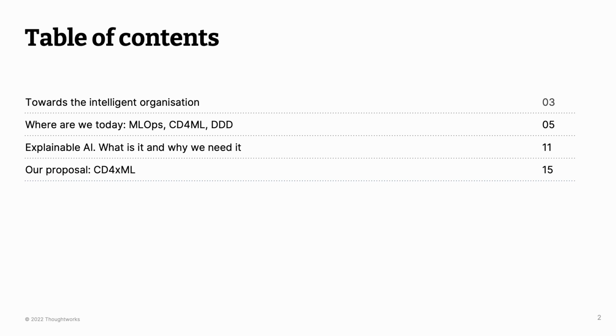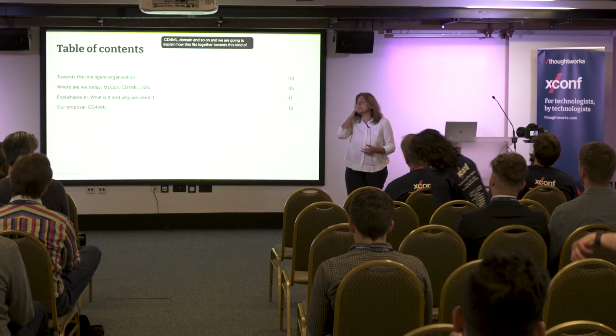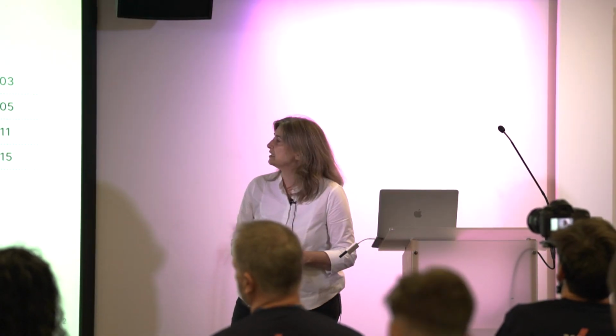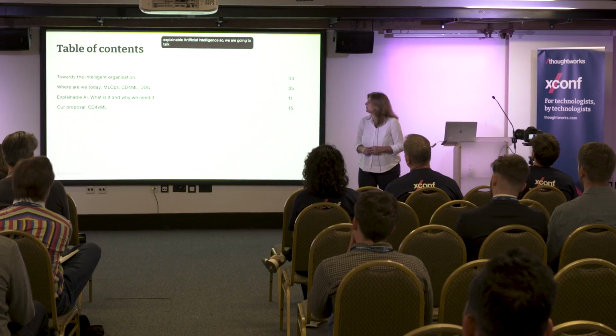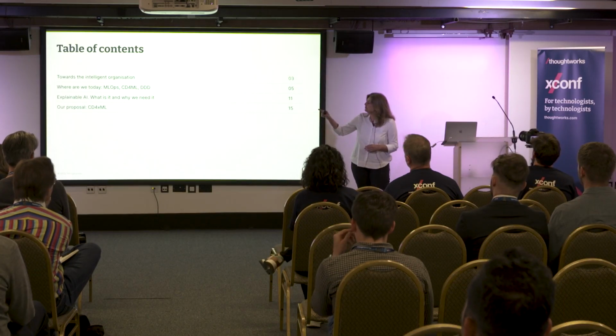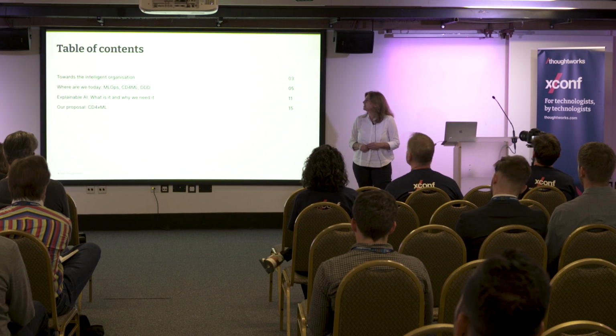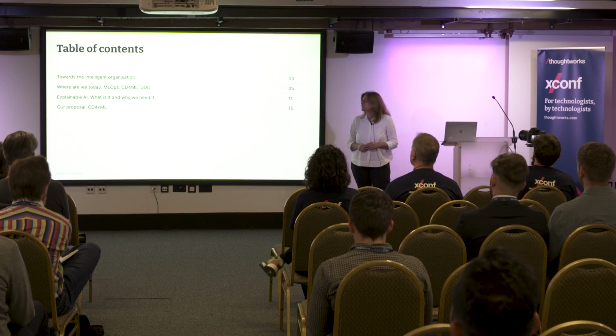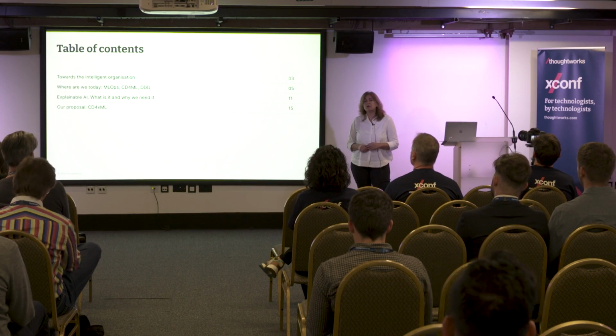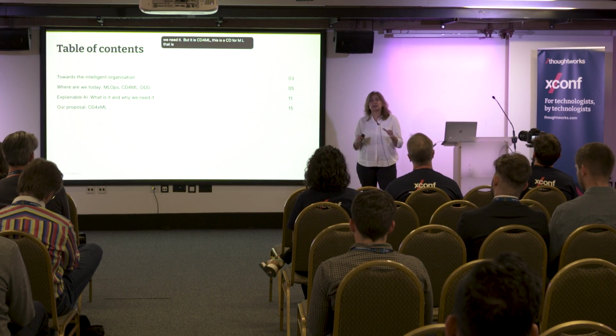The missing piece, in my opinion, is explainable artificial intelligence. So we are going to talk about what explainable artificial intelligence is, and why we need it. My proposal is CD4XML. This is a variant of CD4ML, that is continuous delivery for machine learning, but using explainable machine learning models.